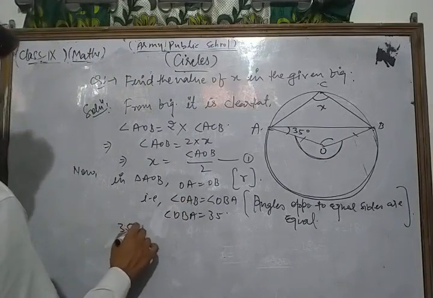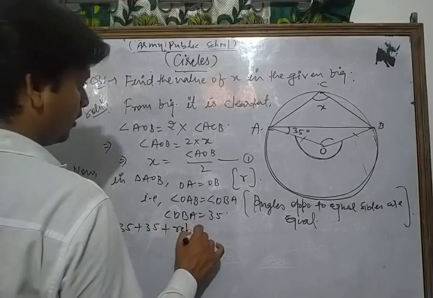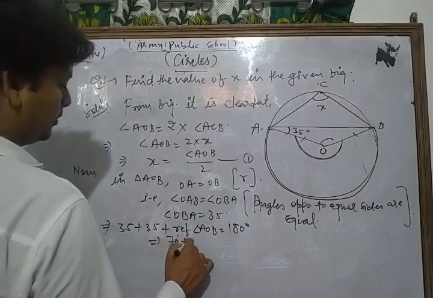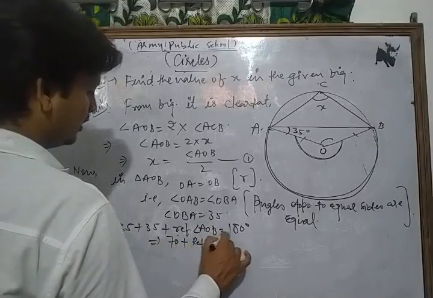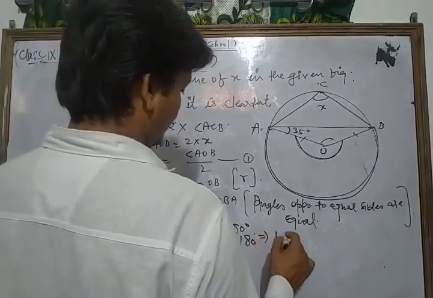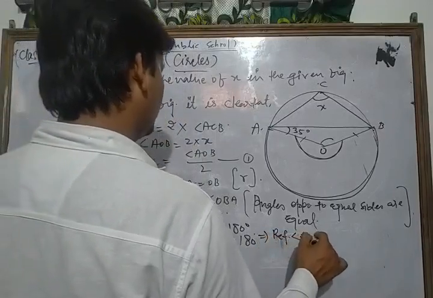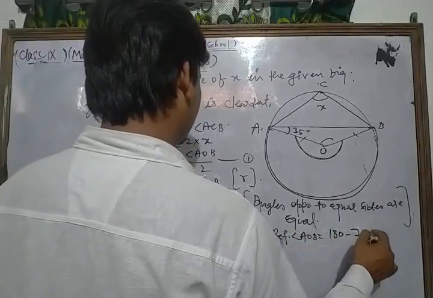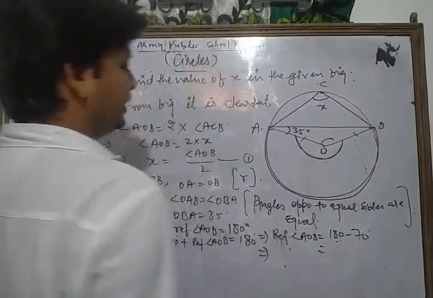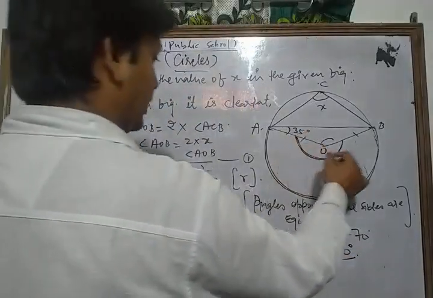So this is 35 plus 35 plus angle AOB is equal to 180 degrees. Now this is 70 plus angle AOB is equal to 180 degrees. So angle AOB is equal to 180 minus 70, which is 110.